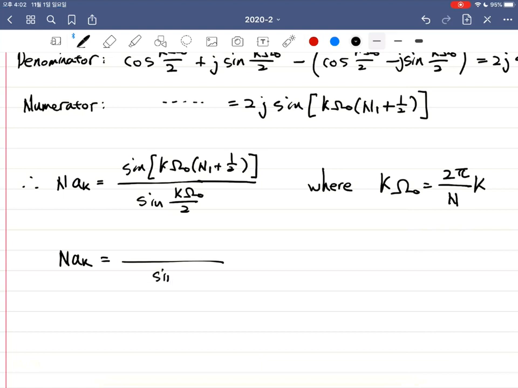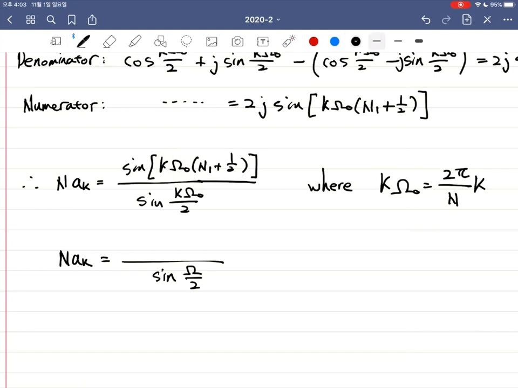I'm going to use this large omega to replace this k omega 0.